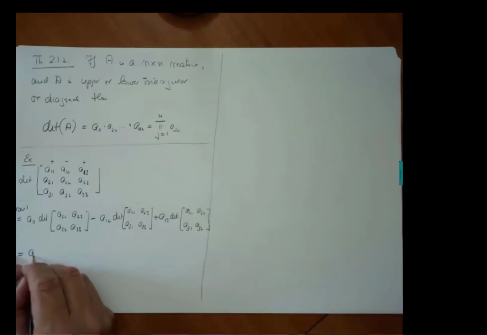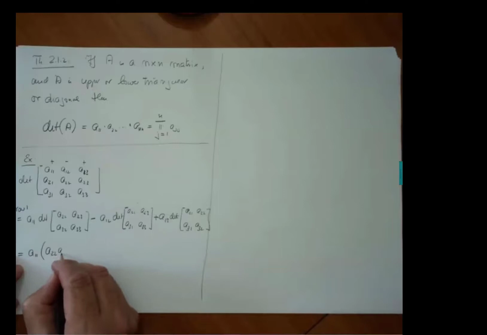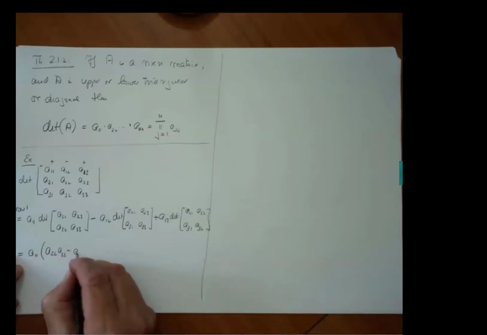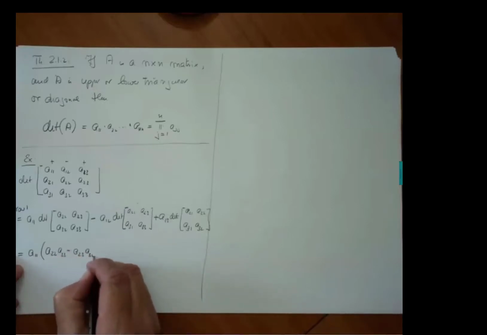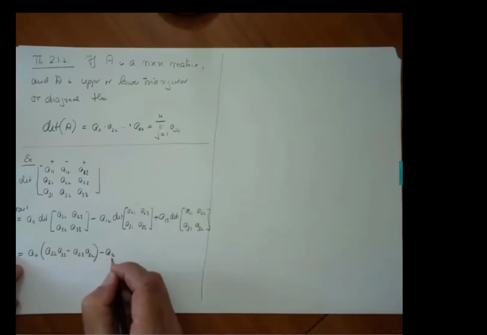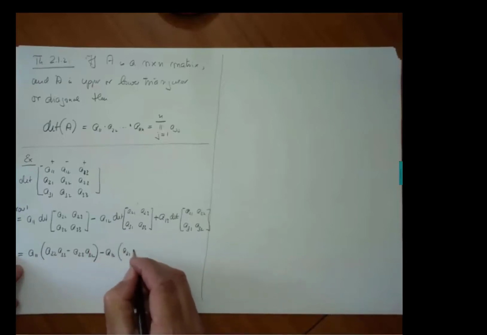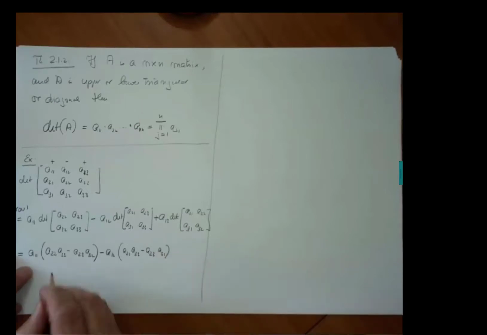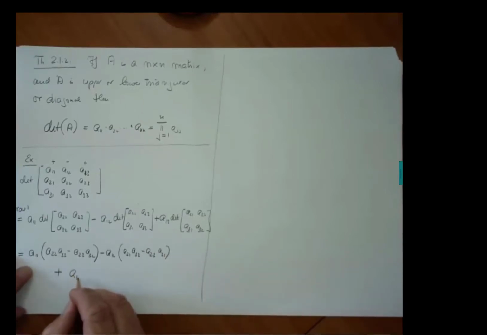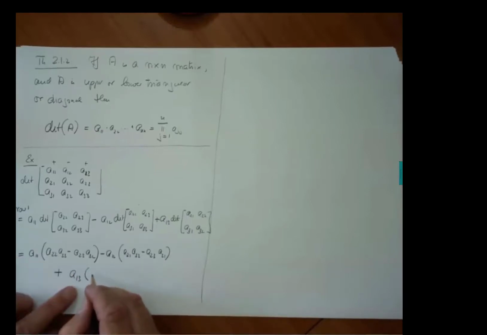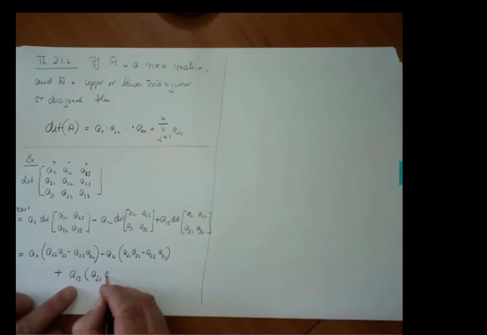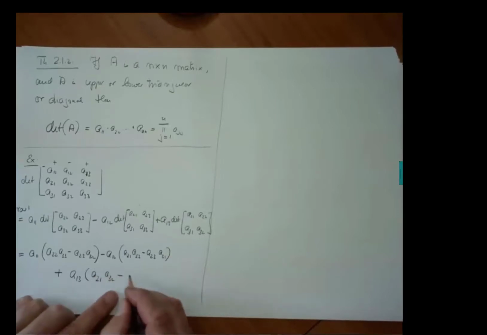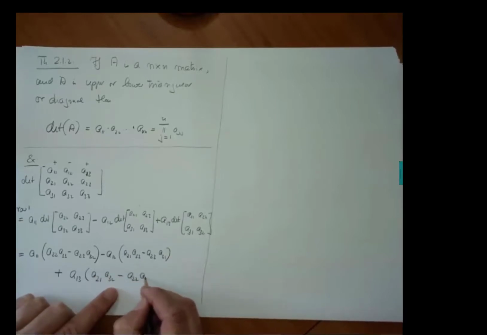So we would have A11 times (A22 A33 minus A23 A32), minus A12 times (A21 A33 minus A23 A31), plus A13 times (A21 A32 minus A22 A31).